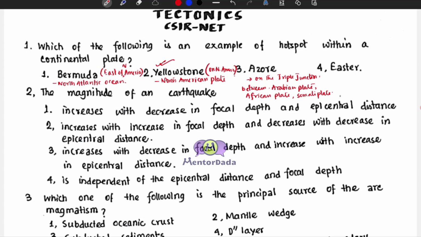Very interestingly, it is situated between the Nazca plate and the Pacific plate, and the plate boundary between them is a mid-oceanic ridge, called the East Pacific Rise.